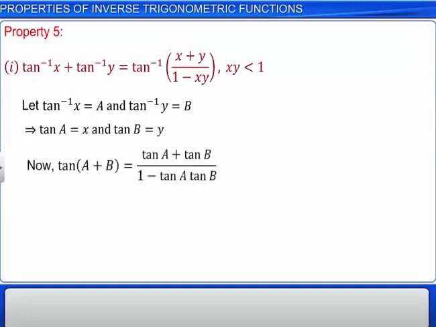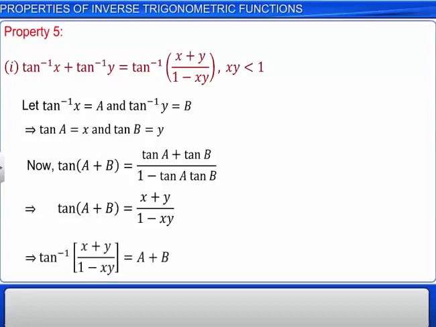Now, tan of (a plus b) is equal to (tan a plus tan b) upon (1 minus tan a into tan b). Substituting the values of tan a equal to x and tan b equal to y in the equation, we get tan of (a plus b) is equal to (x plus y) upon (1 minus xy).